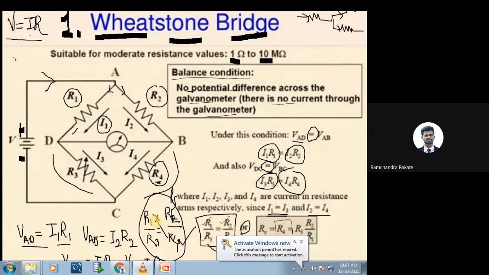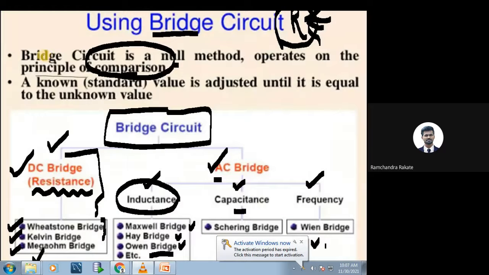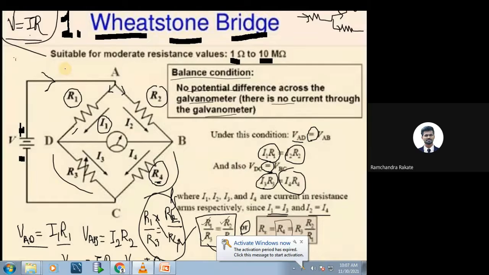So what does it talk about? The Wheatstone bridge is nothing but a simple bridge formation where we compare the value of all resistors on the basis of Ohm's law. In previous lectures also we said it is a bridge circuit. It operates on the principle of comparison, where we compare different methodologies on the basis of certain basic laws.